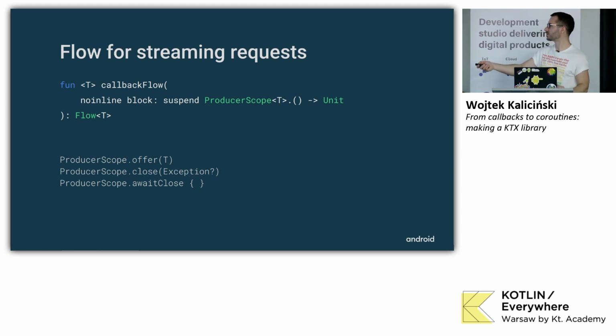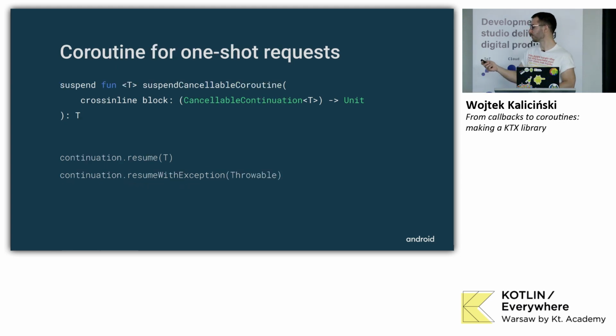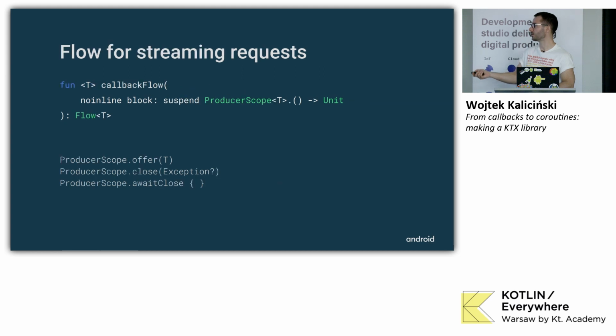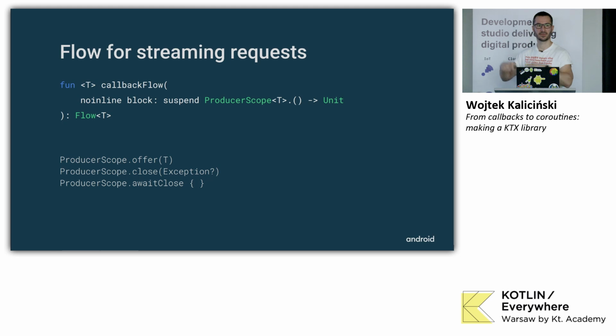Okay, so we will use callbackFlow, which, as the name suggests, is made for converting callback-based APIs into flows. And like I said before, to decide which one you want to use, suspendCancellableCoroutine or callbackFlow, this is for one-shot requests, one result only. This will be for emitting multiple events in the course of time.